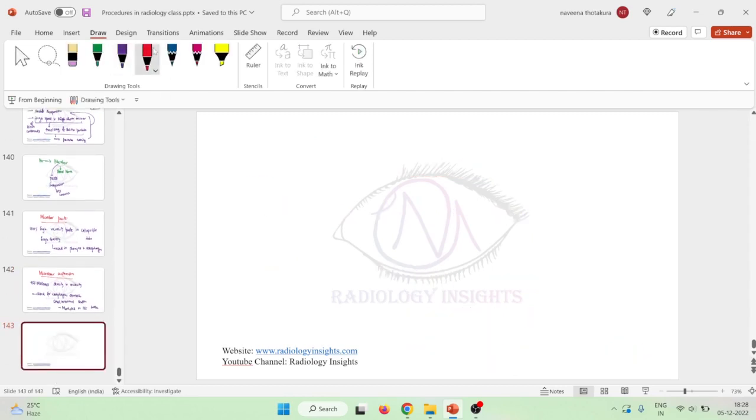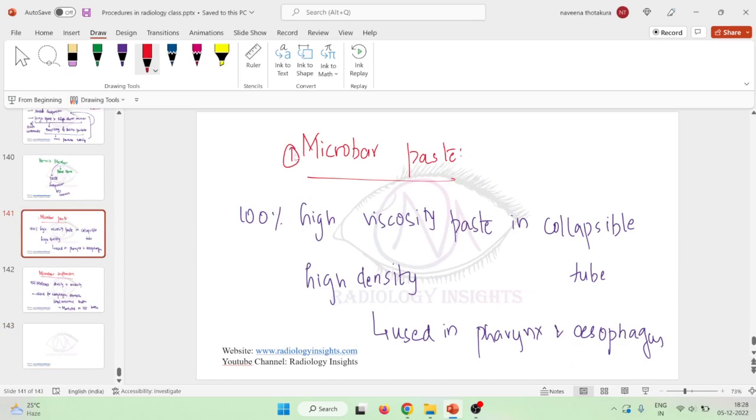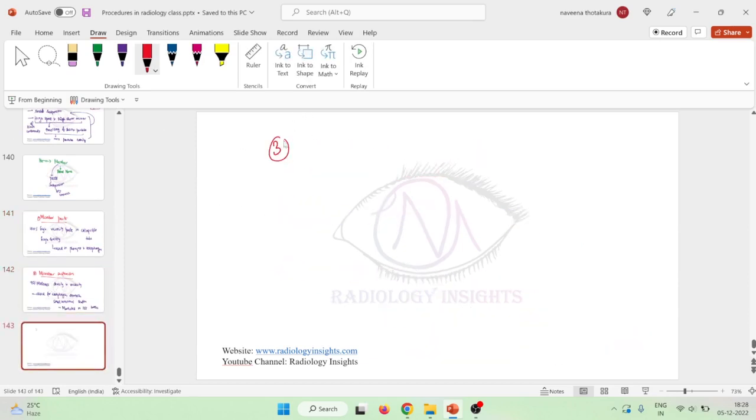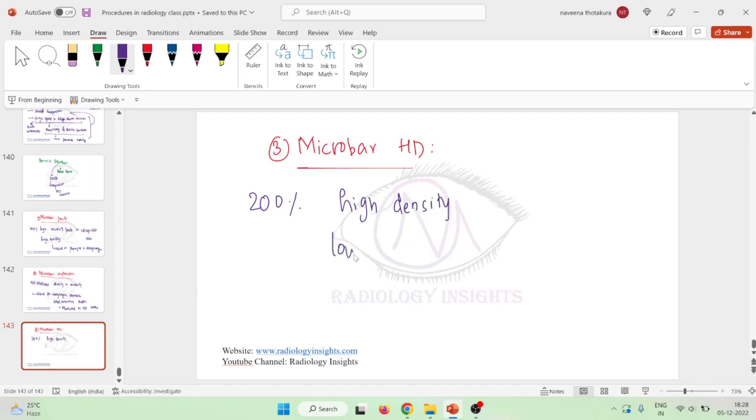Then the third, after Microbar paste and Microbar suspension, is Microbar HD. This has 200% high density and is a low viscosity preparation.